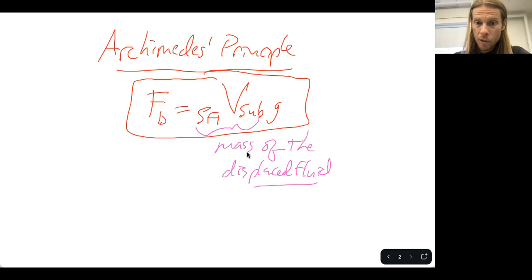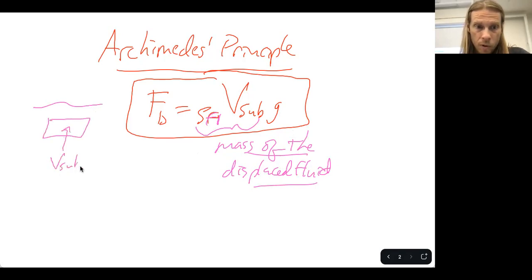Some of you got that when we did the buoyancy derivation in class. What is this? Well, this is the density of the fluid times the volume that is being displaced. So it's the mass of the water that is displaced, as if there were water there. There's not water there, but if there were water here, this is the submerged volume, the displaced volume.